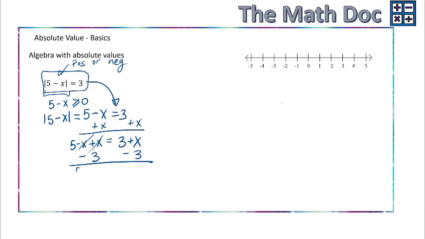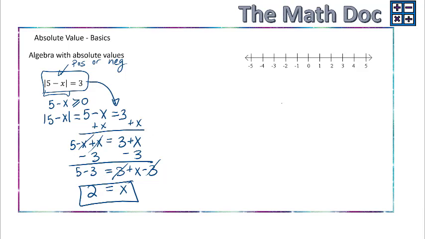So we have 5 minus 3 equals 3 plus x minus 3. These two 3's on the right cancel, and we have 2 equals x. So x equals 2. And that is the answer when we also assume that 5 minus x is positive.